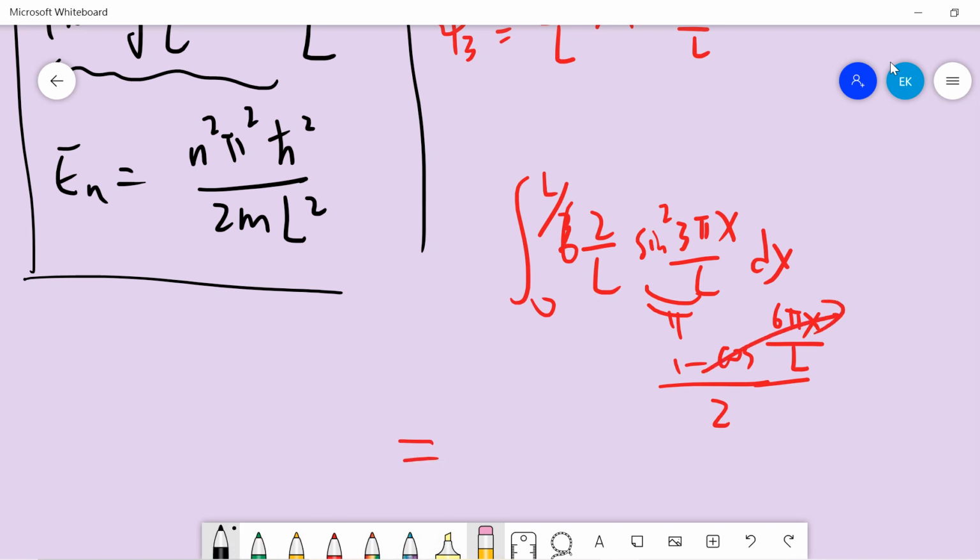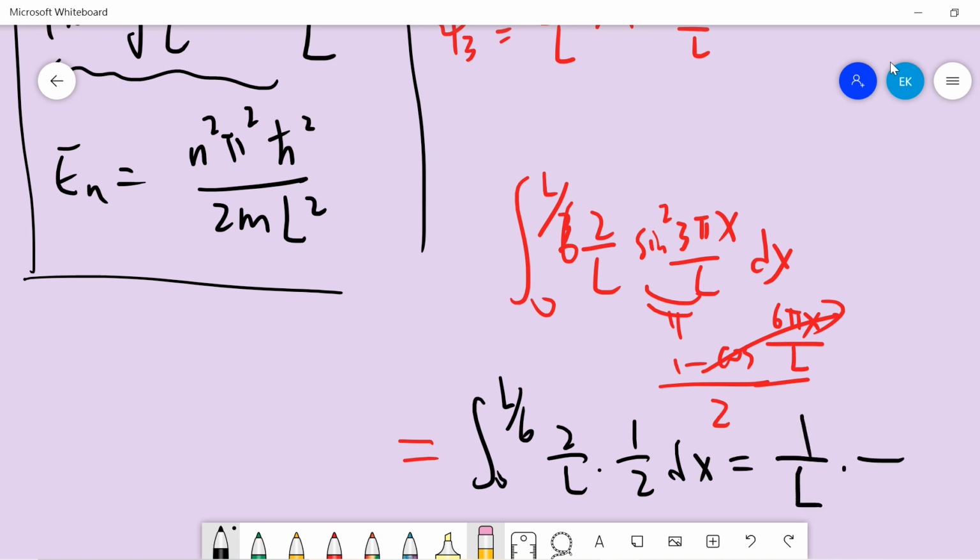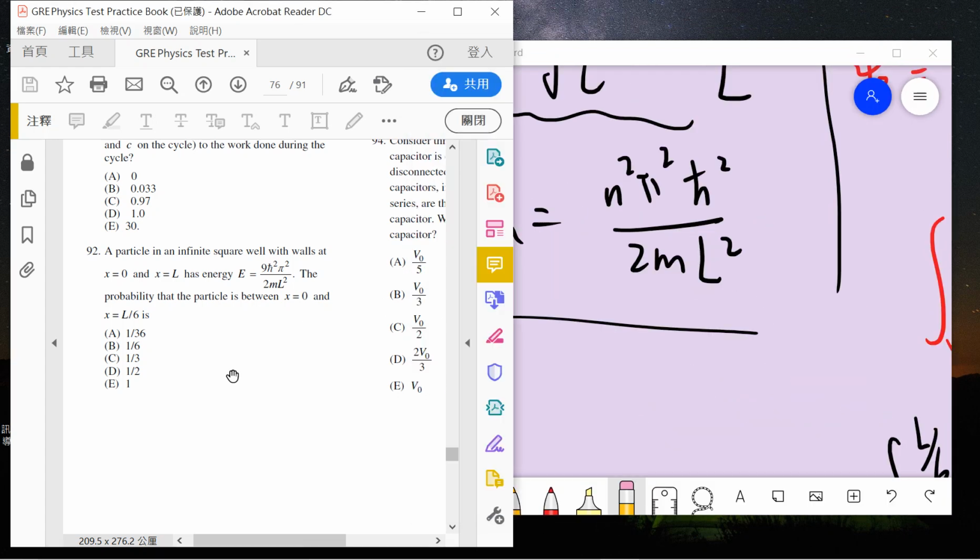The answer is 0 to L over 6 times 2 over L times one half, so it's 1 over 6. If you don't have time, you can guess 1 over 6, because you take 0 to L over 6, and if it's uniform, you can guess 1 over 6.